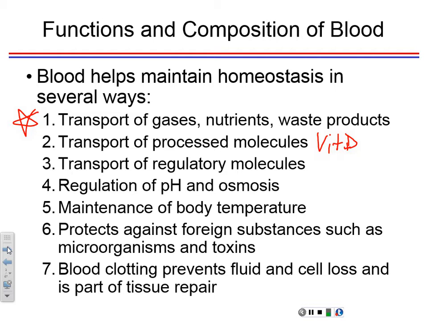Okay, so that's that, and of course, transport of regulatory molecules. What are some of the regulatory molecules that the blood transports? Yeah, hormones. Okay, vitamins. Prostaglandins, which are hormone-like substances. And regulation of osmosis and pH.